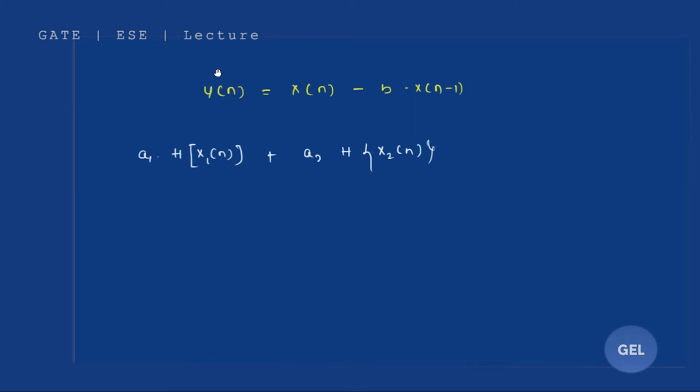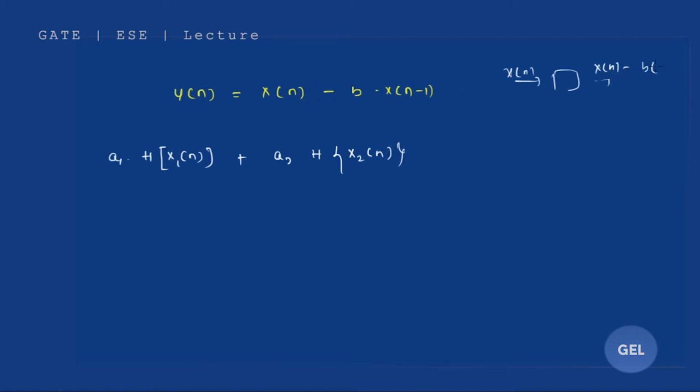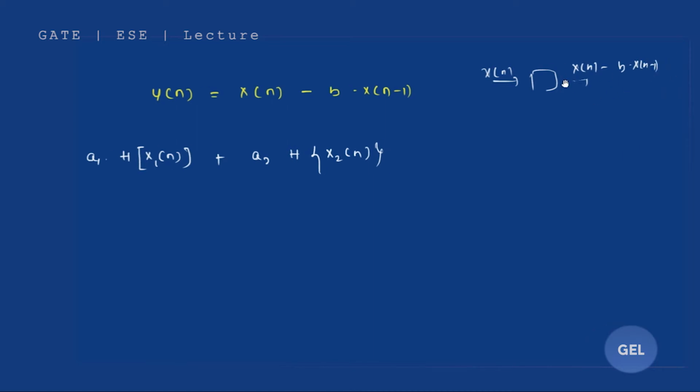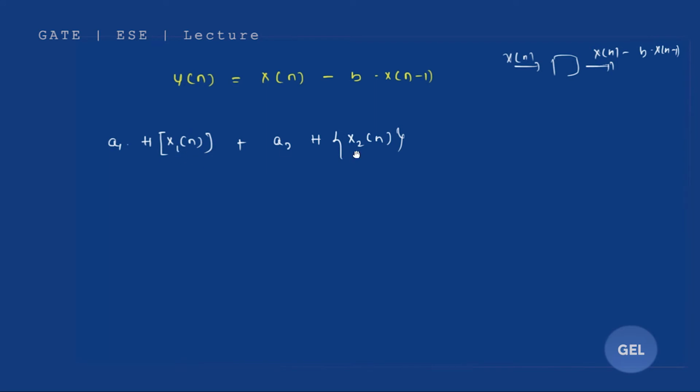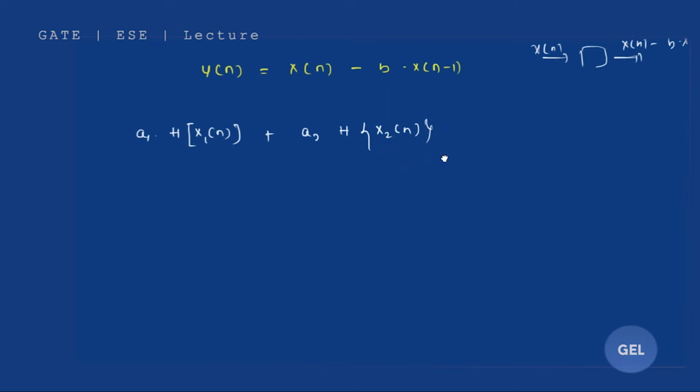That means you are taking this system, that means I'm giving an input x of n to a system which is giving y of n, which is nothing but x of n minus b of x of n minus 1. So to this system I'm going to give x1 of n, and also I'm going to give x2 of n. What are we going to get?